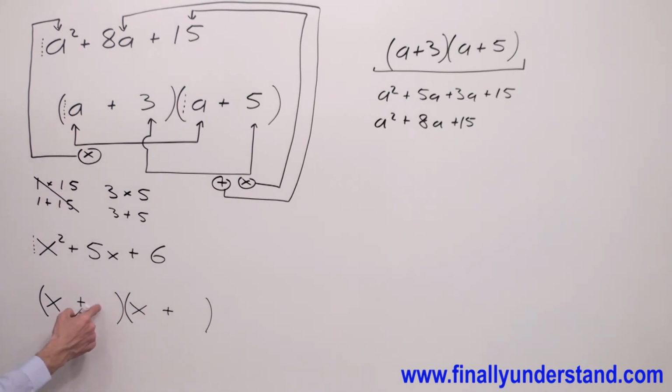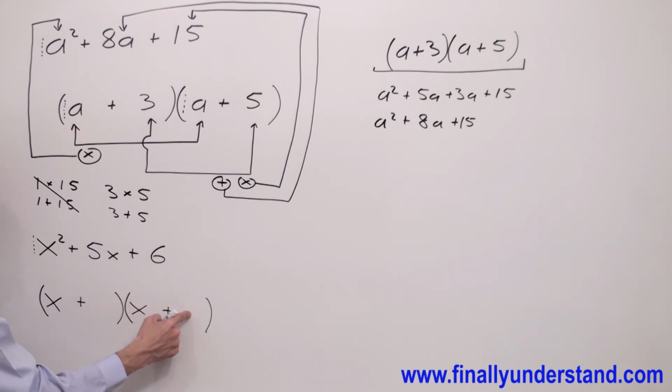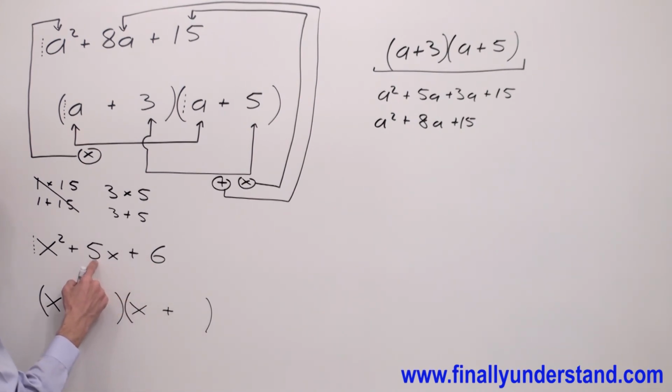Next, what am I supposed to write over here? We said that these two terms multiplied by each other are supposed to give me 6, and these two terms added to each other are supposed to give me 5.